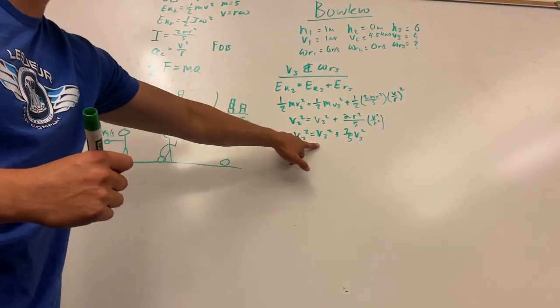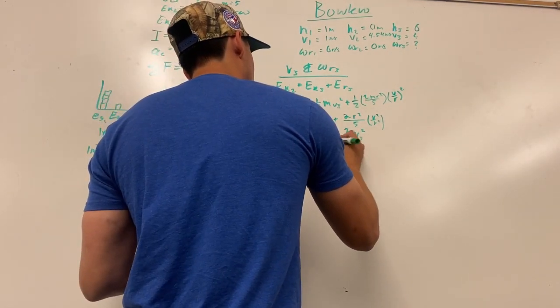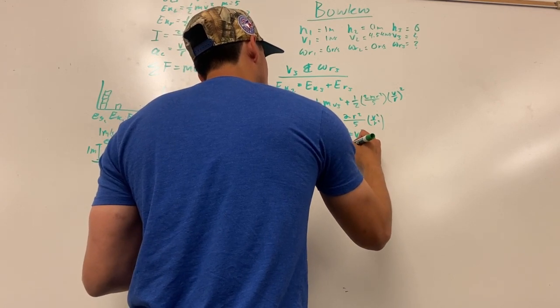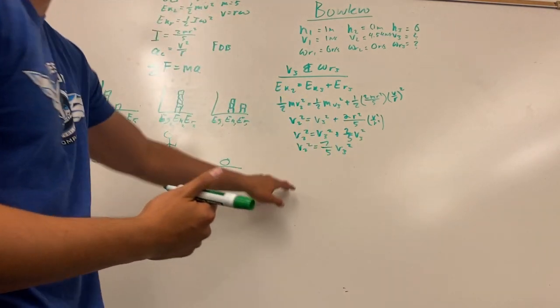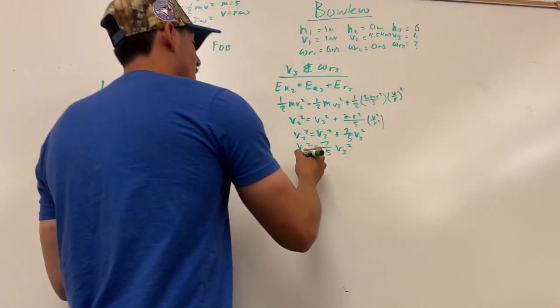We can add these V3s together to make it simpler. So it's gonna be 7/5. And now we can sub in our value for V2 squared, which is going to be 4.5 squared.